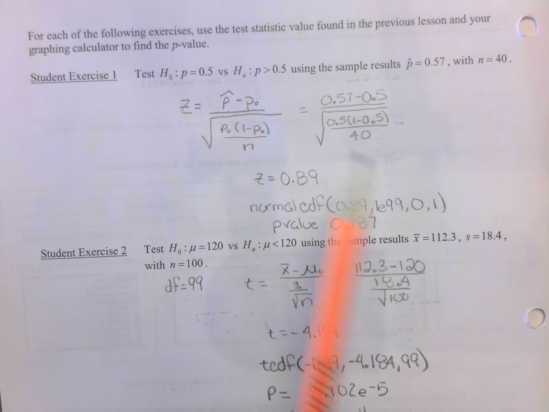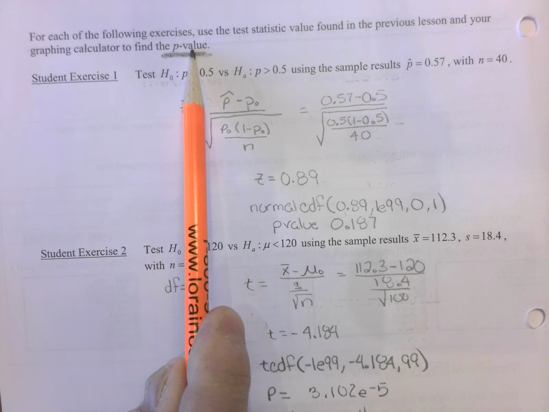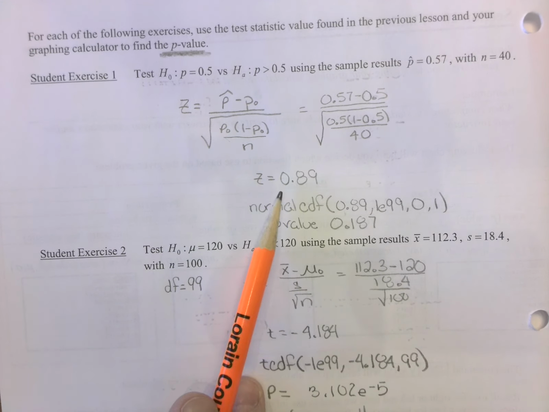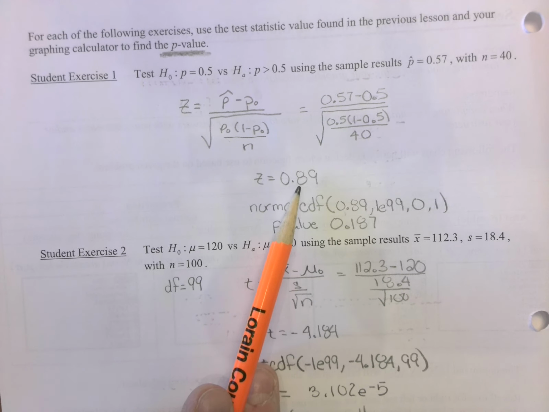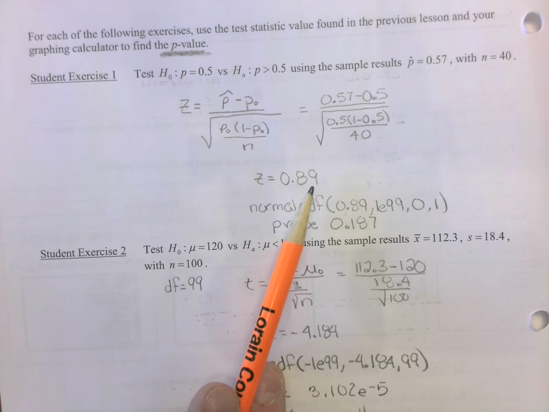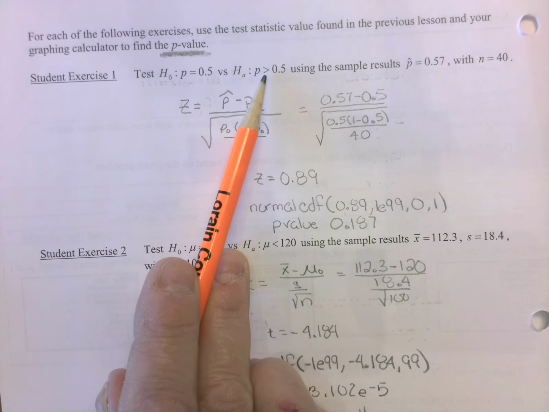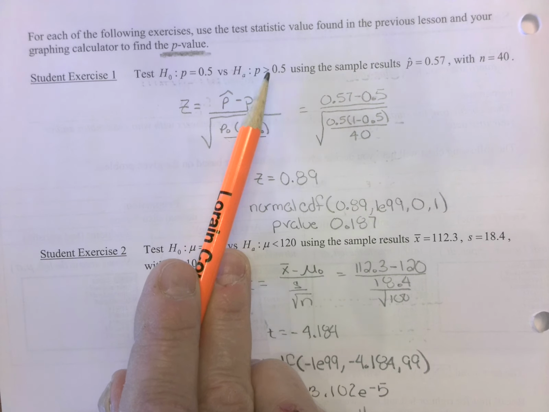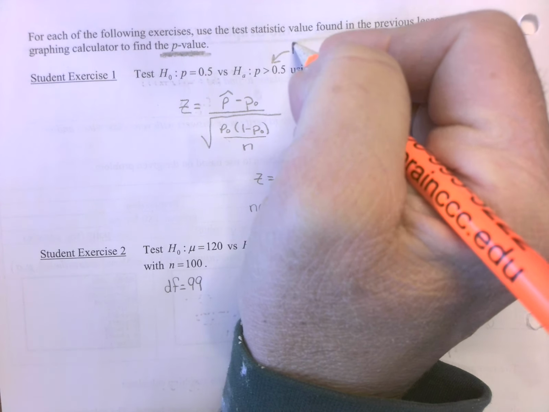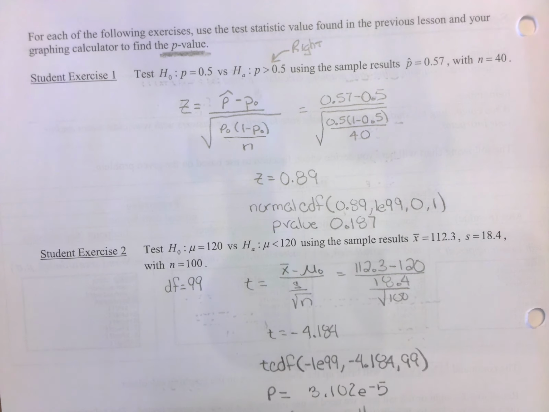My ultimate goal is to find the p-value, not the z, but the actual proportion of that tail to the right-hand side, which contains all of the area of 0.89 or greater. How do I know "or greater"? It's a positive number, 0.89, and the test said we were running to the greater side, so I know it's a right tail test. You might want to make that notation in your work.